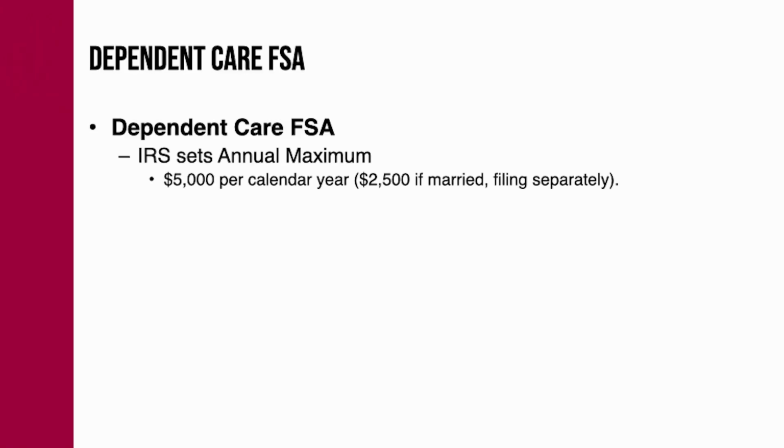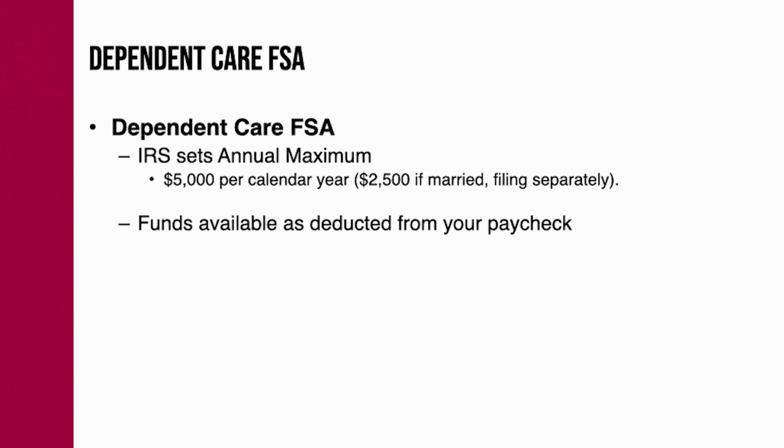Dependent care flexible spending accounts is used to pay for eligible child and adult daycare expenses for your dependents to allow you to work or go to school. The IRS sets the maximum amount that you can set aside each year, which has been set at $5,000 for several years.